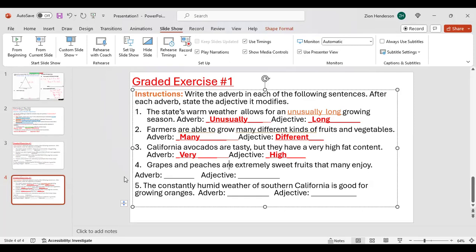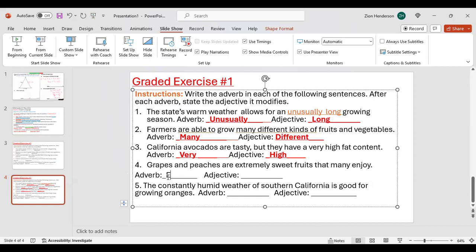Grapes and peaches are extremely sweet fruits that many enjoy. The adverb is extremely and the adjective is sweet. Very good.